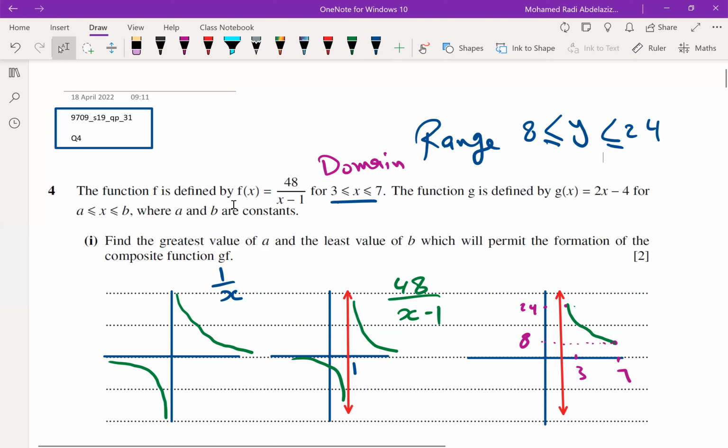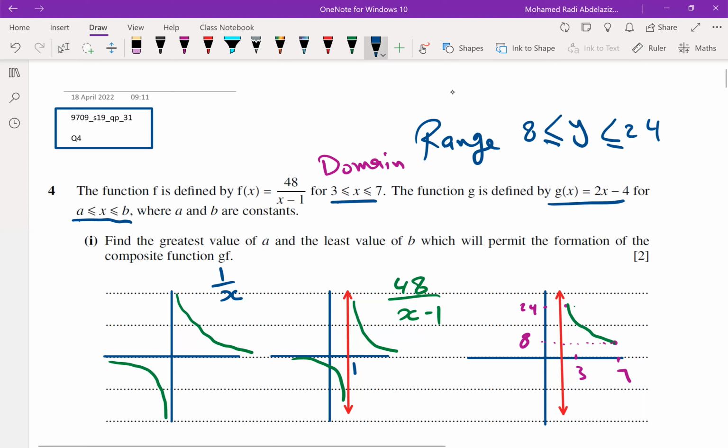The function given is f of x is equal to 48 over x minus 1, where x is greater than or equal to 3 and less than or equal to 7. The function g is defined by g of x equals 2x minus 4. This is a straight line, sketched graphically. The y-intercept is equal to -4, and the gradient is 2.